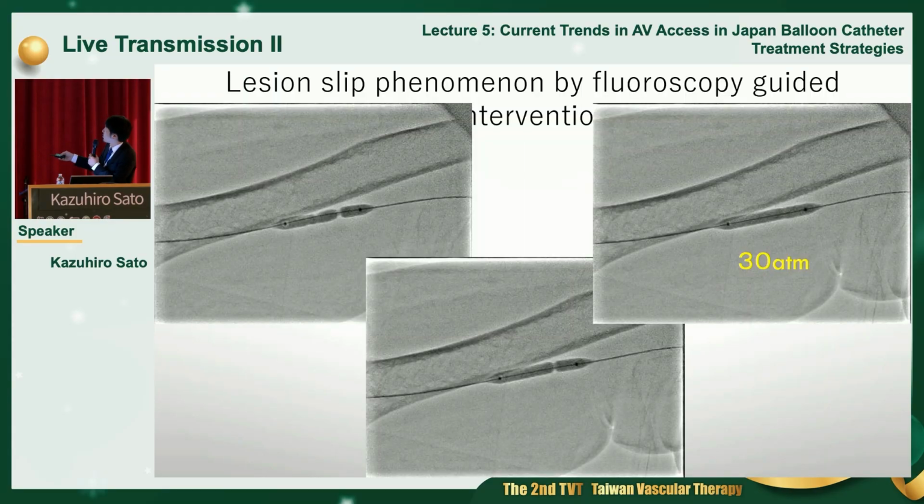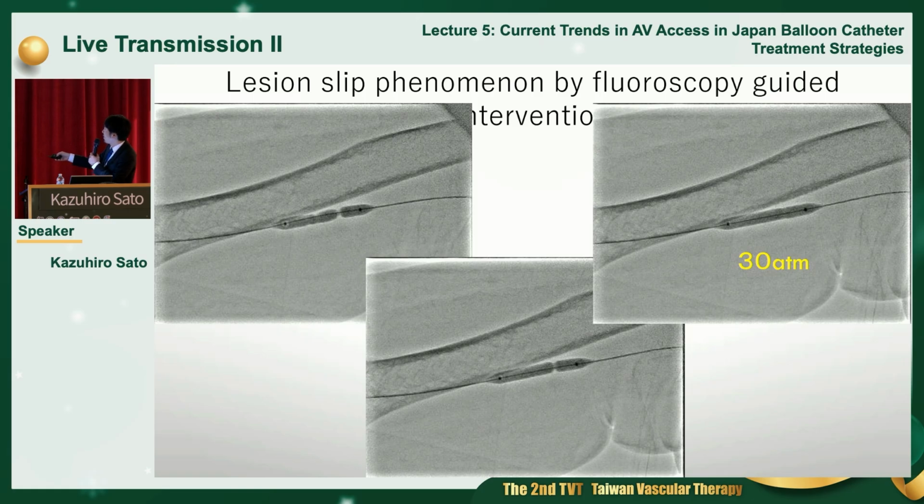This one is a lesion slip phenomenon in a fluoroscopy-guided intervention. I think many doctors see this dog bone shape. And in this case, we can't recognize the lesion slip phenomenon by fluoroscopy. By pressurizing to high pressure, the stenosis will be dilated completely.